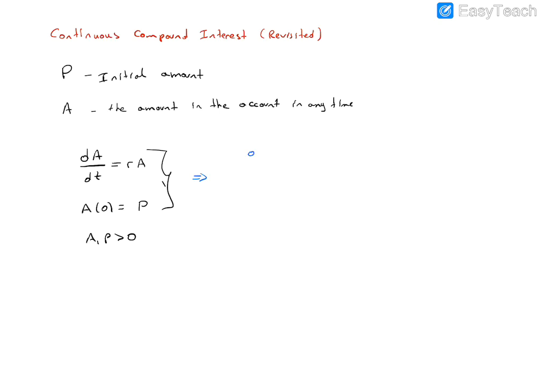From here, the derivative of A with respect to t times 1 over A equals R. R is constant.